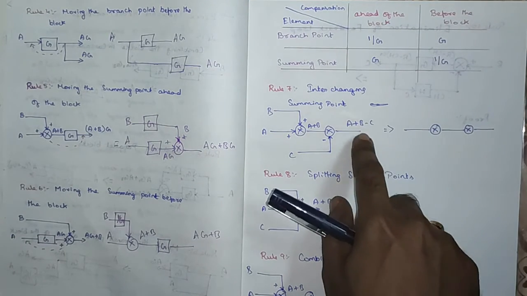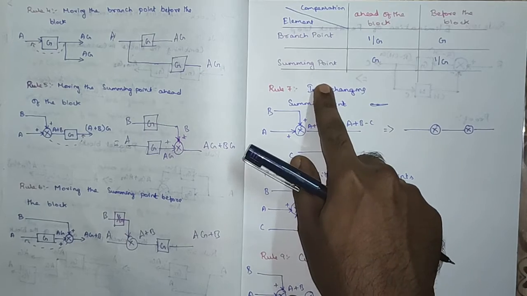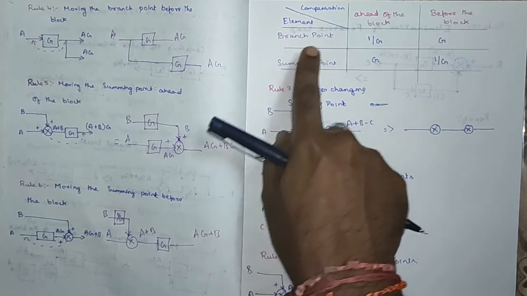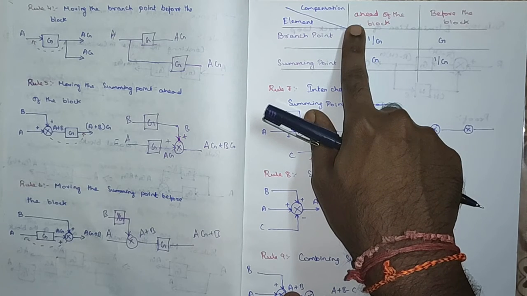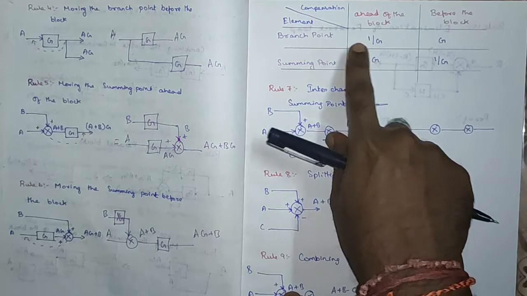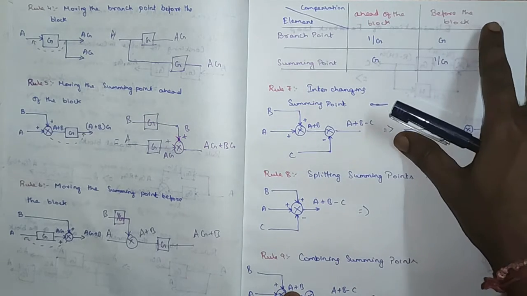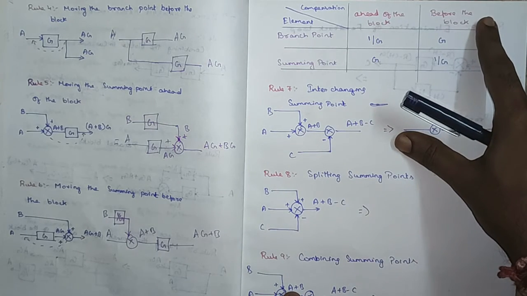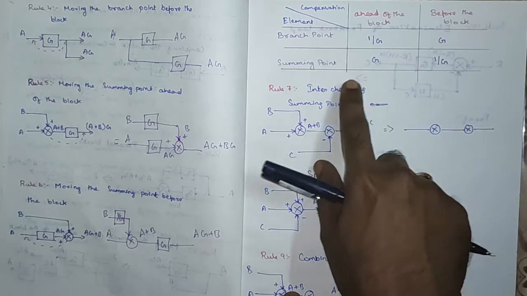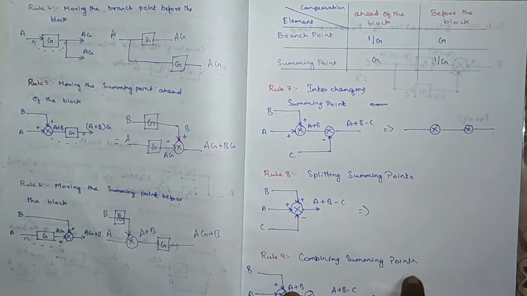Here I have drawn a small tabulation based on the compensation and the element. Here the element is branch point and summing point, and the compensation to be given when the branch point is moved ahead of the block is 1 by g, and the compensation when the branch point is moved before the block is g. So by using this tabulation we can find rule number 3, 4, 5 and 6.